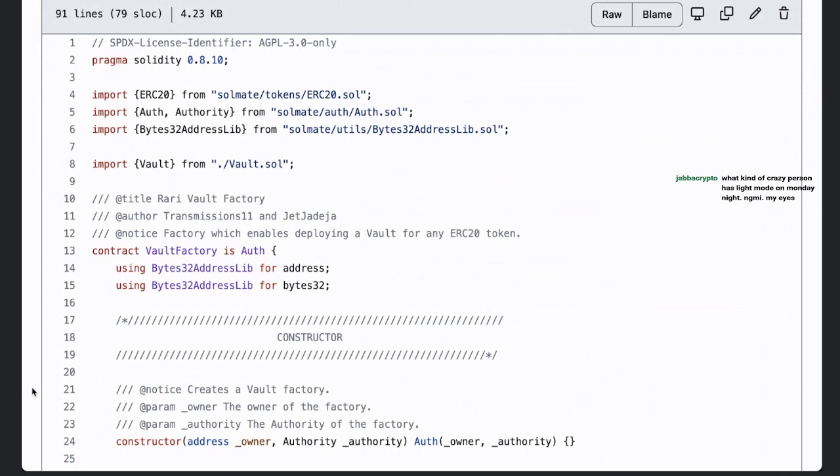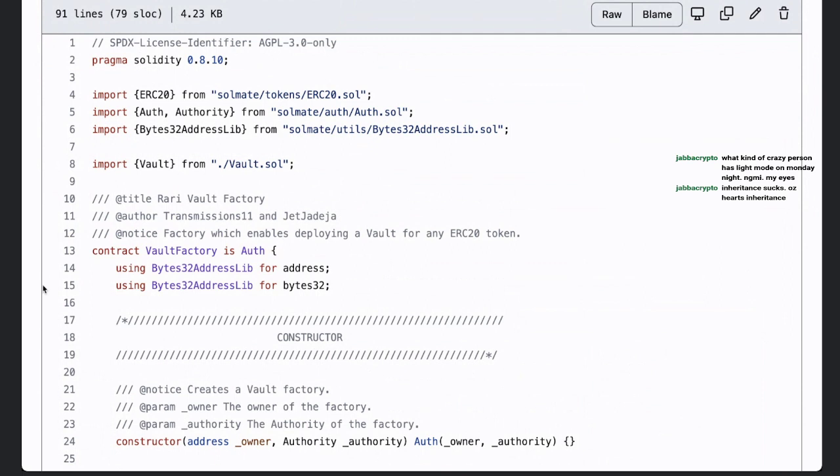Cool. So moving through this, it looks like you are still inheriting from Auth, which is the Solmate version of Owned or Ownable, right? Or it's a whitelist, if I remember right. It's been a couple weeks since I looked at it. It's ultra flexible. It's like Ownable plus more.